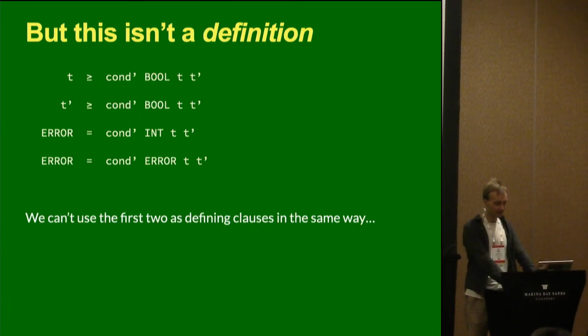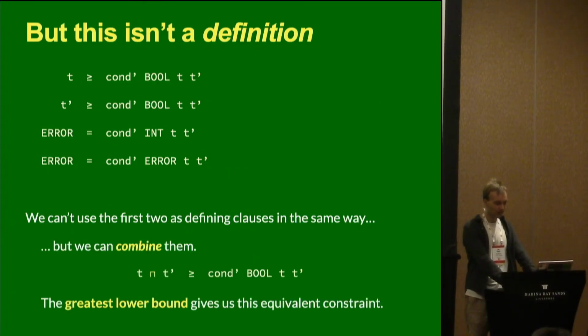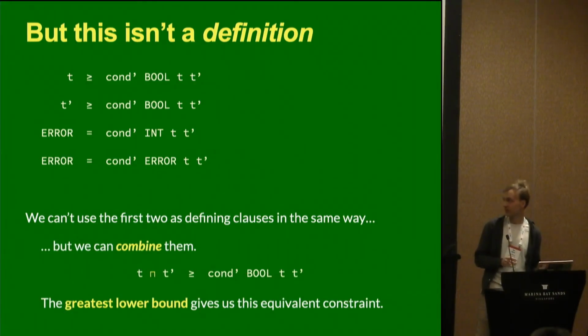And this lets us combine these two inequalities at the top into this one inequality at the bottom. And this is actually just the definition of the greatest lower bound, right? It's, you know, this constraint here is equivalent to the two constraints at the top.